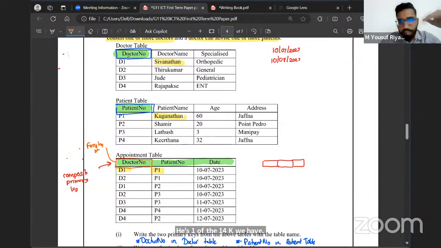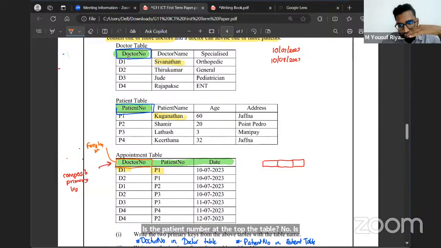Then the next primary key we have is patient number. Is patient number there in the doctor table? No. Is patient number there in the appointment table? Yes. So patient number in the appointment table is also going to be a foreign key. Always keep in mind, foreign keys are primary keys of another table. So you find the primary key first, then see which other tables it is there.